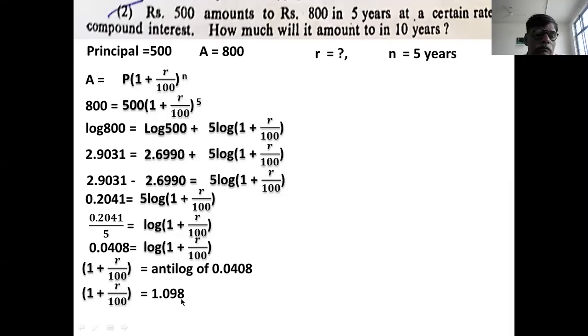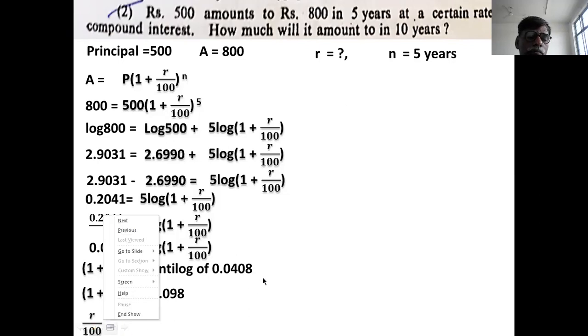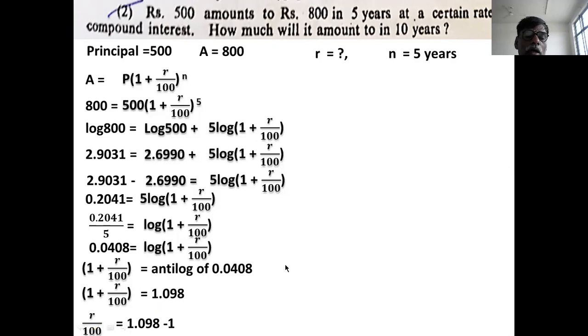1.098 is the answer. And you take this 1 to the right hand side. R by 100 is equal to 1.098 minus 1.